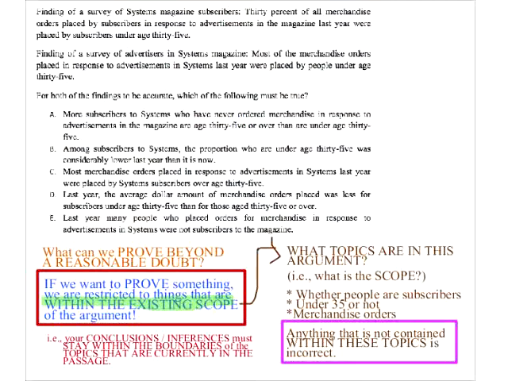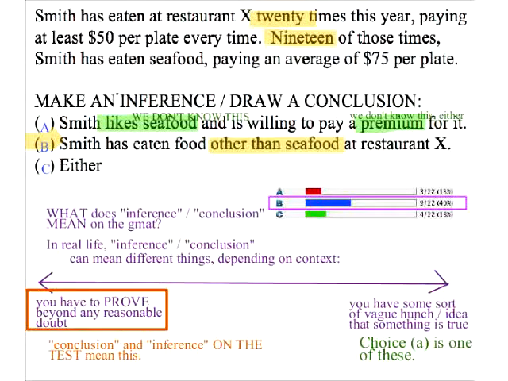So let's revisit our previous example. That's why A is incorrect. The scope of the passage is just how many times Smith has been to the restaurant, how much money on average, and what kind of food. So likes and doesn't like is completely outside this scope.